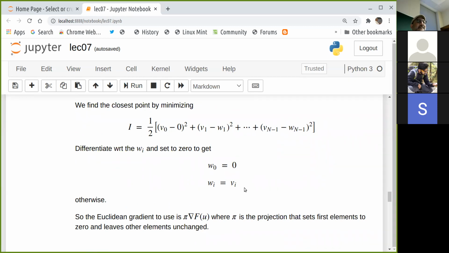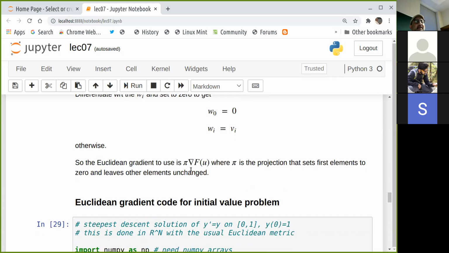So basically all you need to do is calculate your Euclidean gradient as you had before, and then use the projection pi. What pi does is it acts on a vector in this way: it leaves everything else alone, but it turns the first entry into 0.